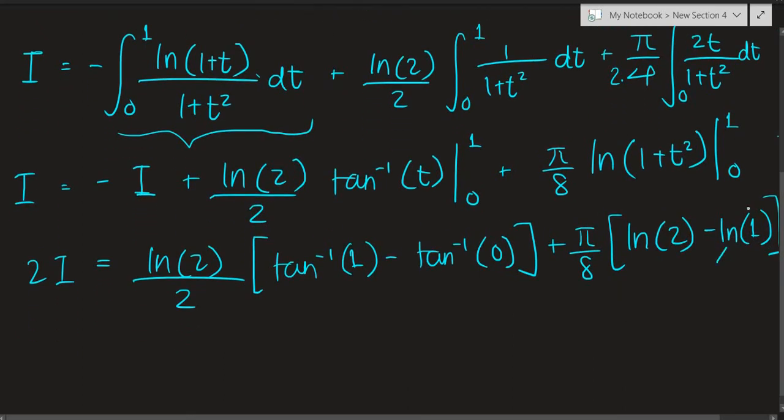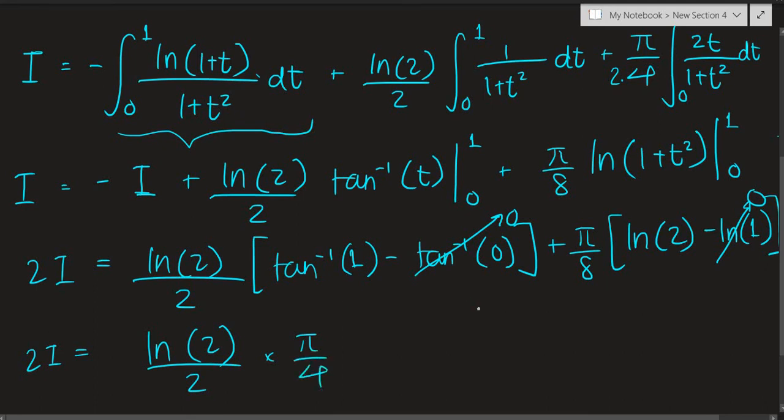Now notice that the natural log of 1 is 0 like before, and inverse tangent of 0 is 0. So finally we obtain 2I is nothing but natural log of 2 divided by 2 times inverse tangent of 1, which is pi over 4, plus pi times natural log of 2 divided by 8.